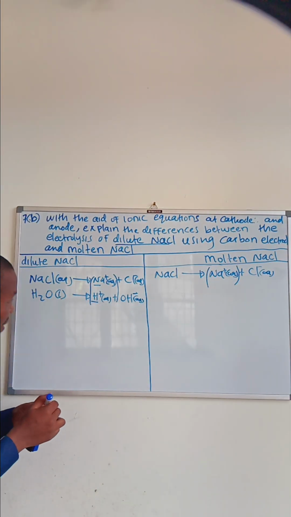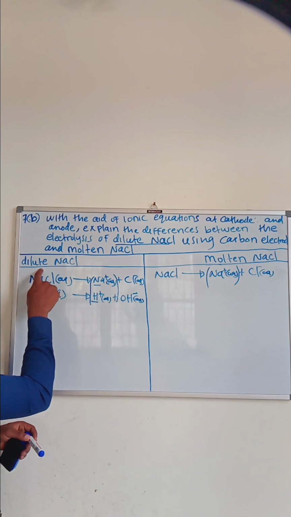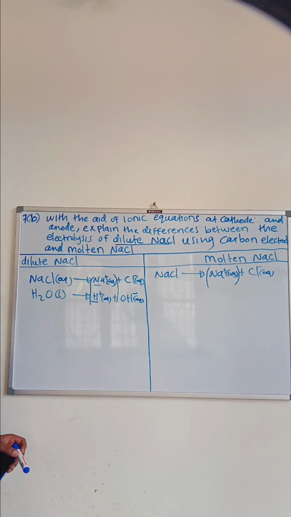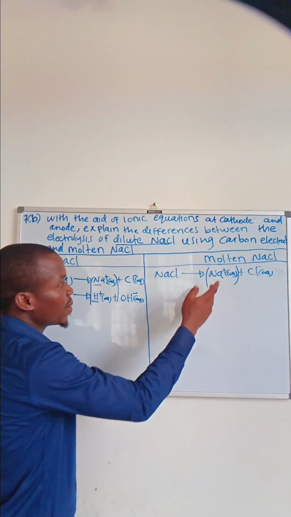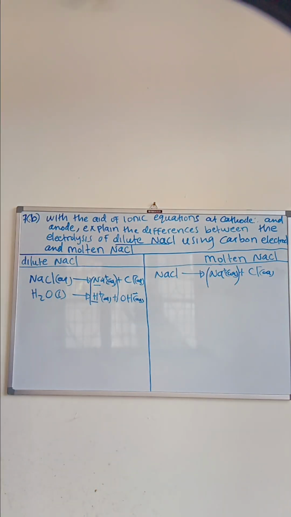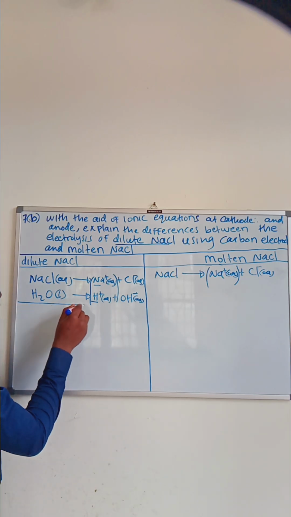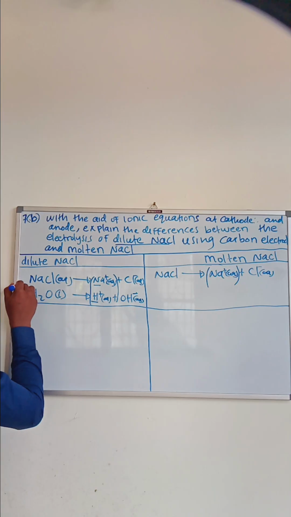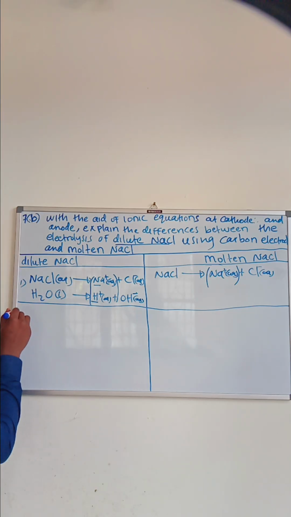So at the cathode, for dilute sodium chloride, sodium and hydrogen move towards the cathode, and for molten, only sodium moves to the cathode. That is the first difference. And now, difference number two.